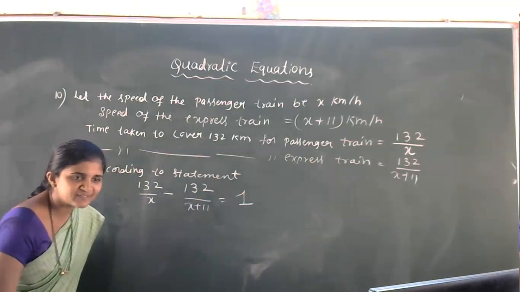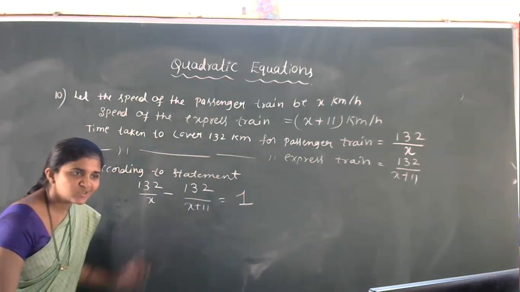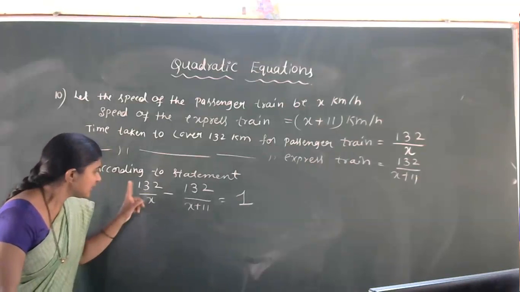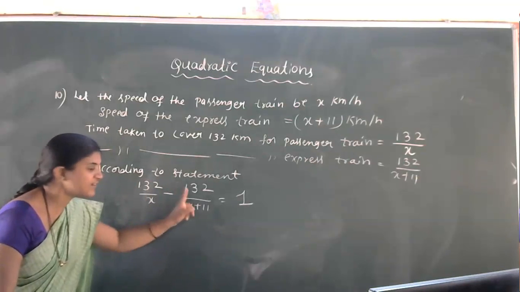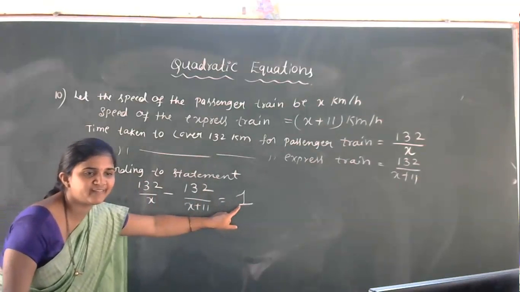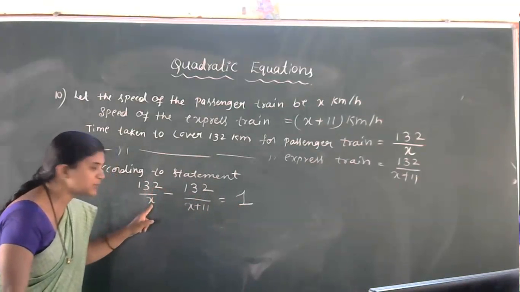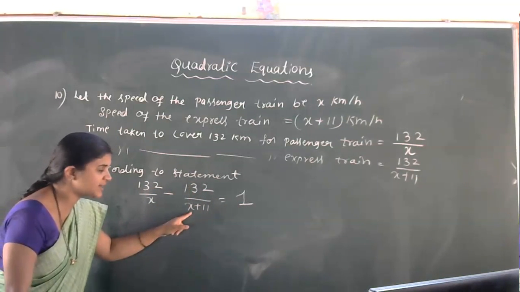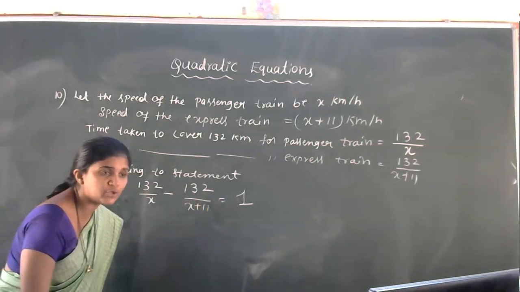Got the idea of this one, students? This one needs more time, this one needs 1 hour less. So the difference of the timings of these two is 1. Got the idea? 132 by x minus 132 divided by x plus 11, which is equal to 1.